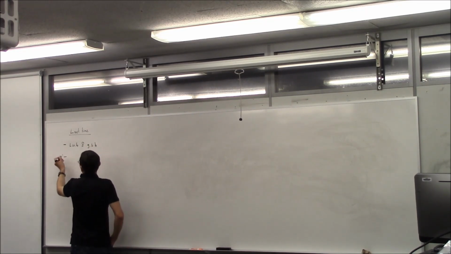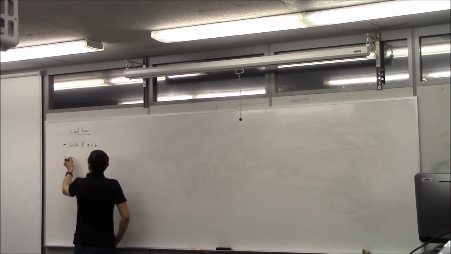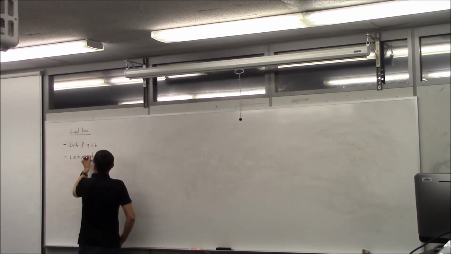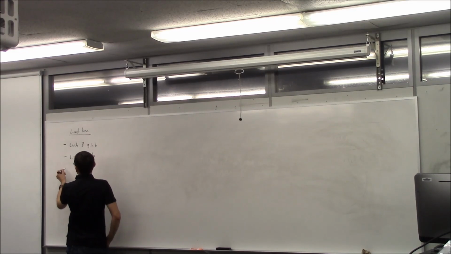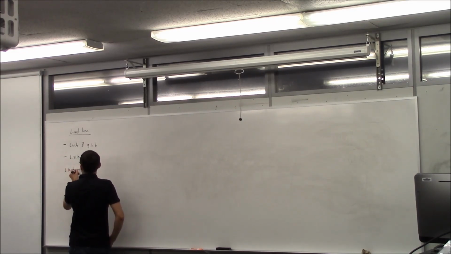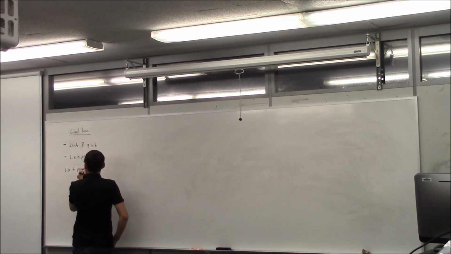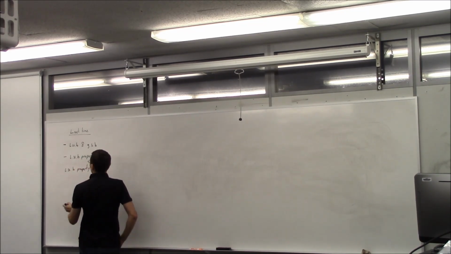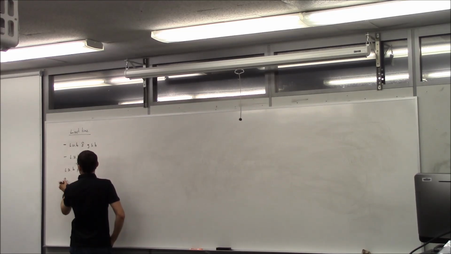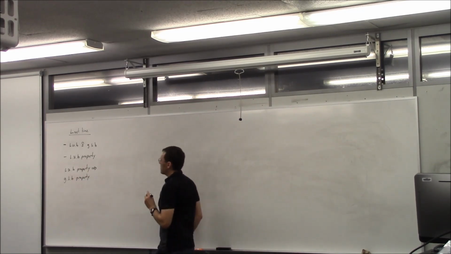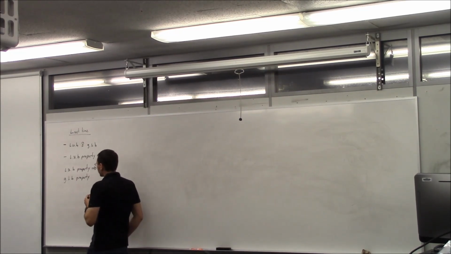We spoke about the least upper bound property, and we mentioned that the least upper bound property implies the greatest lower bound property. Okay, we proved that in the last lecture.